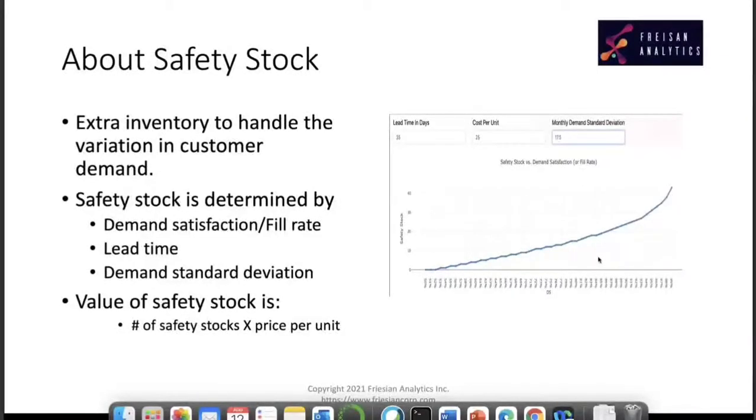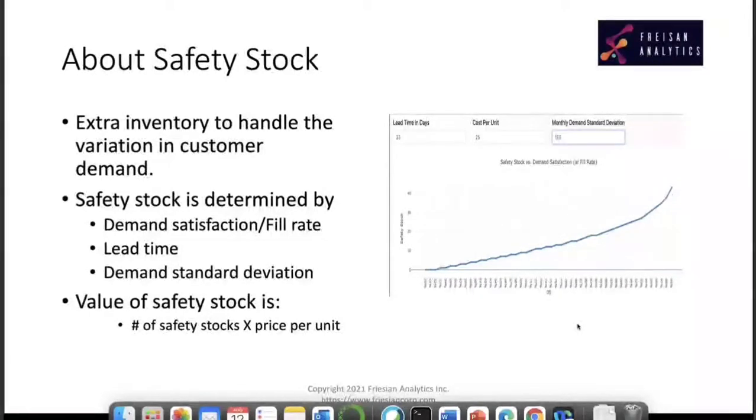Let's start with safety stock. Safety stock is extra inventory we keep to handle the uncertainty in customer demand. And safety stock is determined by 3 factors: demand satisfaction, lead time, and the standard deviation of demand. And we all know this curve on the right, it describes the DS, demand satisfaction, and safety stock.